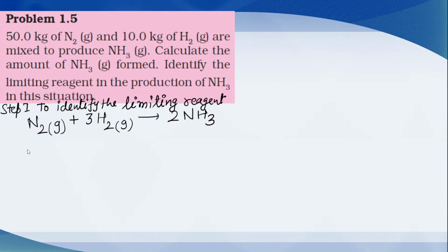To identify the limiting reagent, we will be concerned with reactants only. 1 mole of nitrogen needs 3 moles of hydrogen. Now, weights are given. The weight of nitrogen and the weight of hydrogen are given to us. So we convert nitrogen and hydrogen moles into mass. So what is the mass of 1 mole of nitrogen?